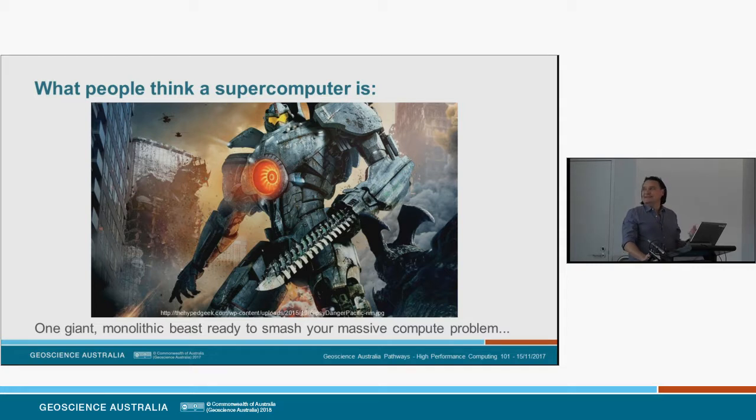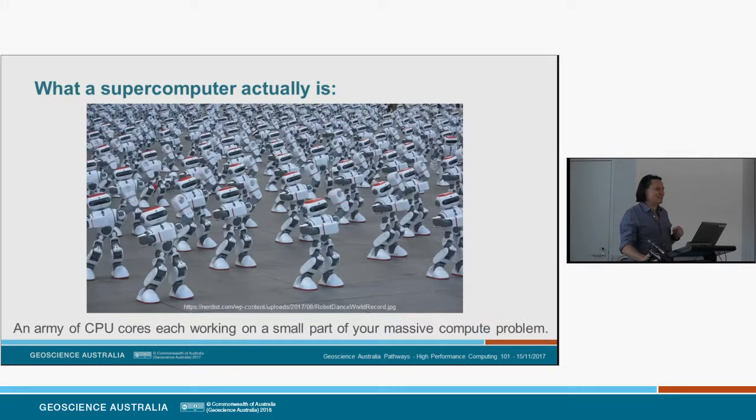People who are new to supercomputing picture the massive data centre at the NCI and think that's a huge machine, you're just going to smash the problem. This isn't entirely true. As Dave pointed out with the nodes and cores, this is actually more like what you deal with.